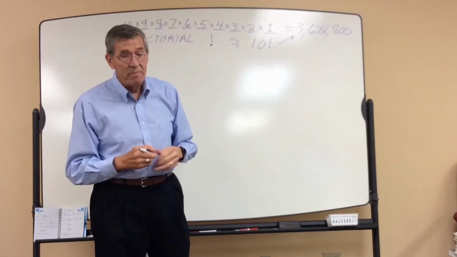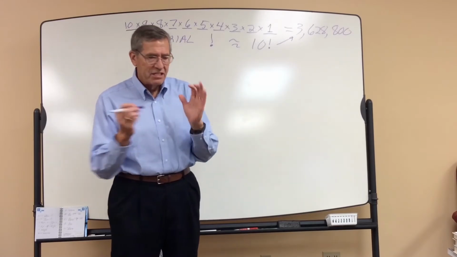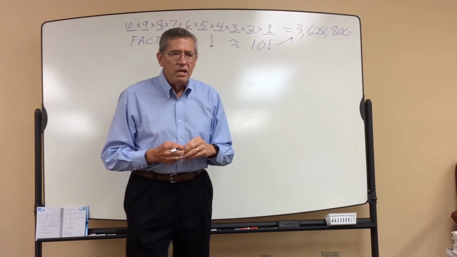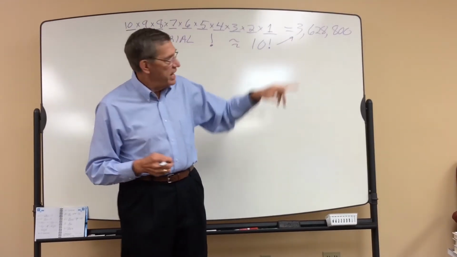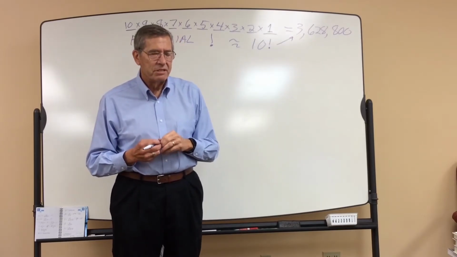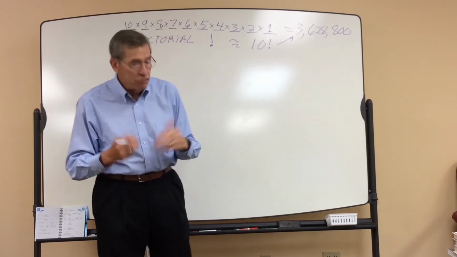Now that seems like a big number, 3.6 million. Let's think about this for a second. Let's suppose you were asked to arrange those books in every one of those unique arrangements, and you were going to be paid for that. That was your job.